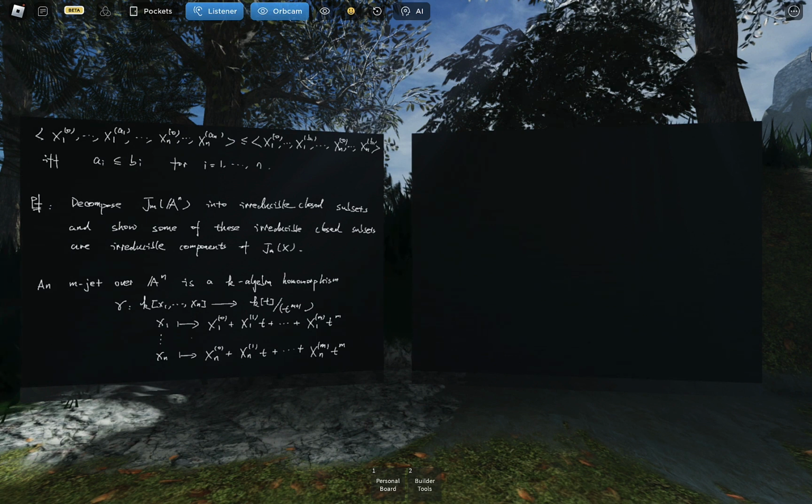Now let's define a number associated to this arc gamma.